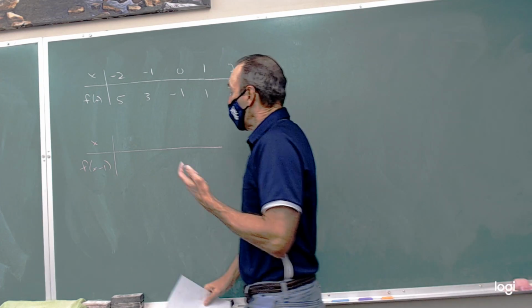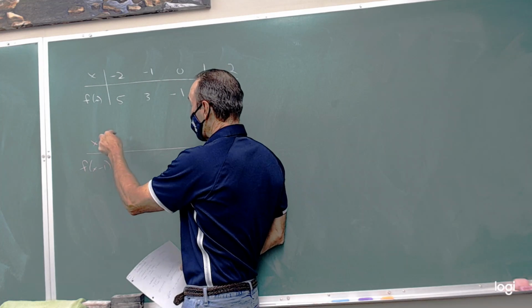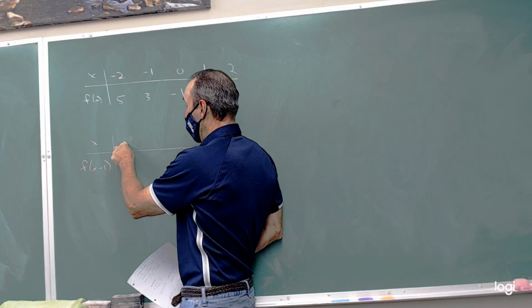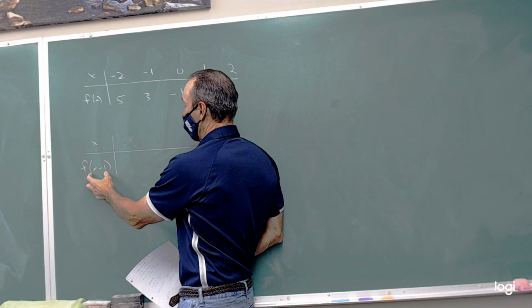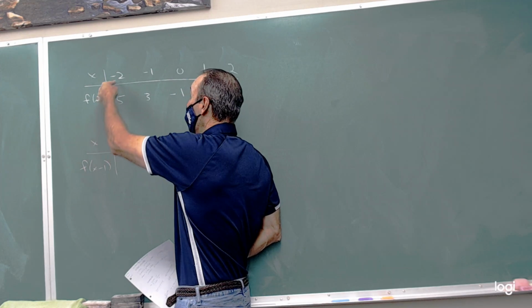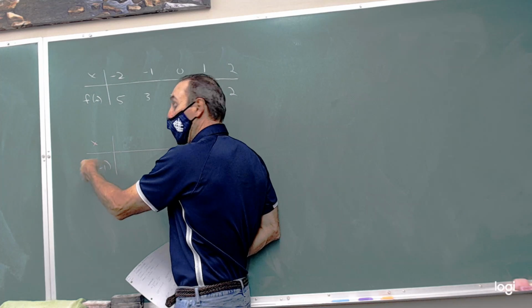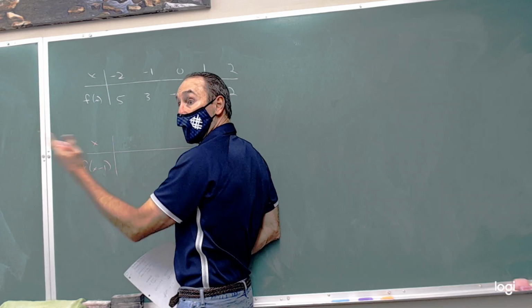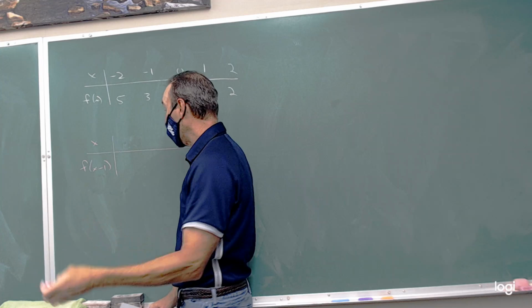Okay, so what is our first value of x here? We can look at it this way. We're going to pick an x that, when we plug it into x minus 1, ends up giving us a -2 to evaluate. And so that's going to be -1.